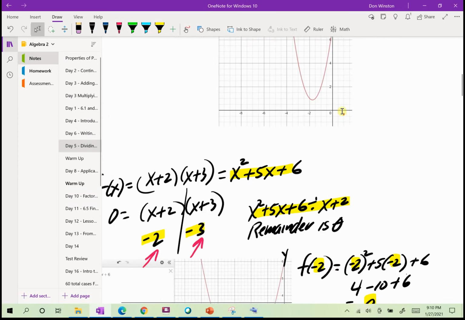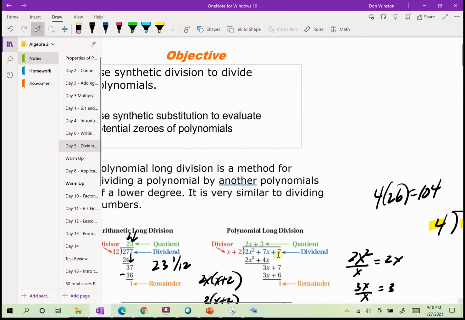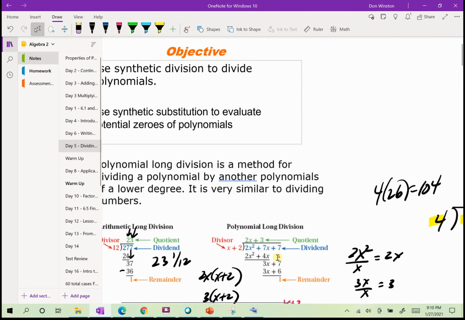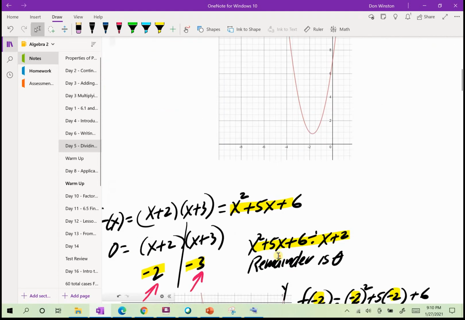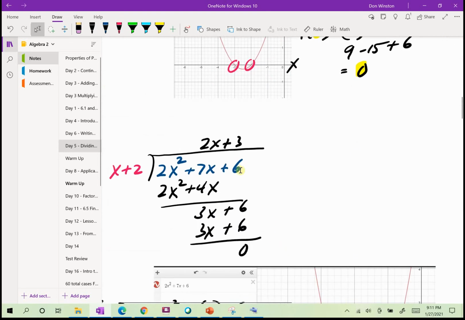So I did this long division up here. I'm just going to change 7 to 6, so that means I won't have a remainder of 0. So again, I do long division. Now I'm going to take 2x squared plus 7x plus 6 and divide it by x plus 2.